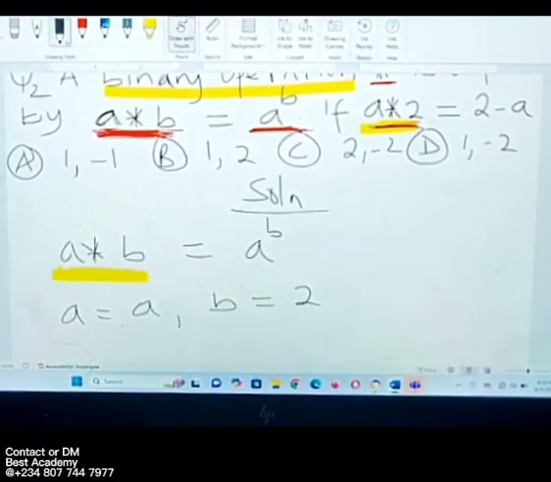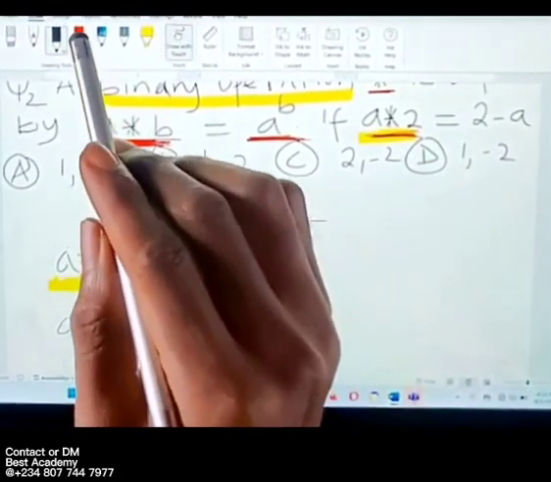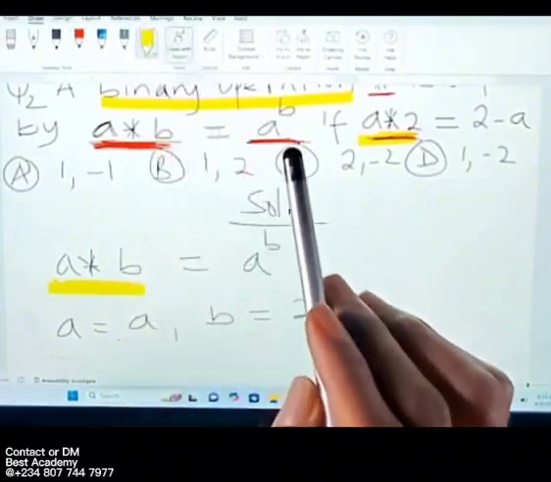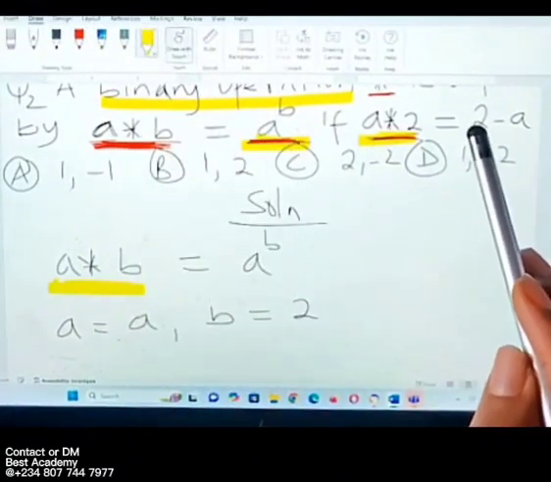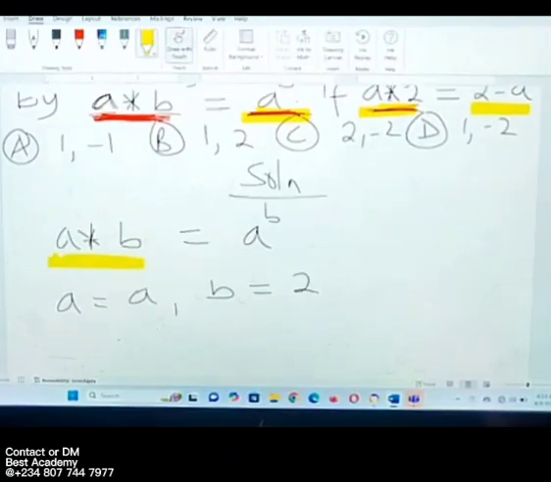So we have two mathematical operation parts here. Class, let's try to evaluate the two parts.